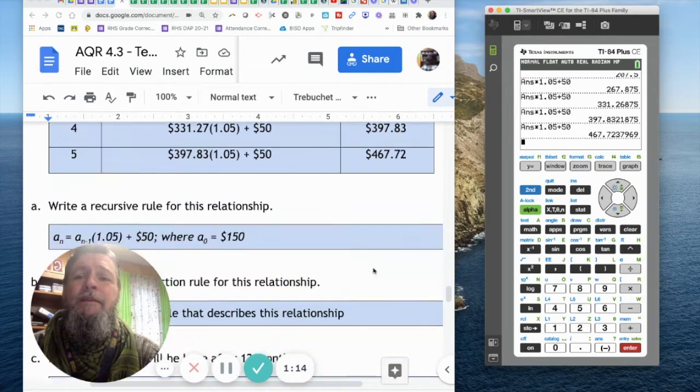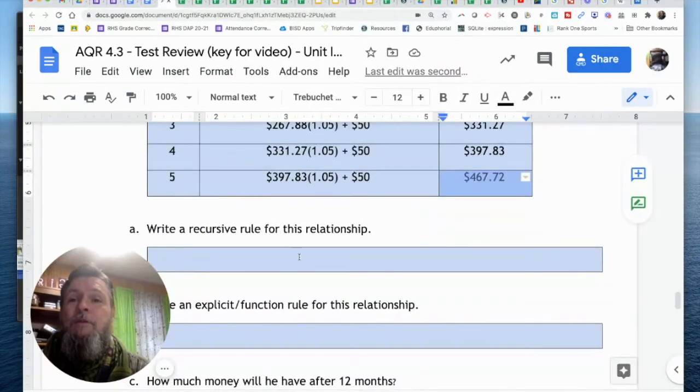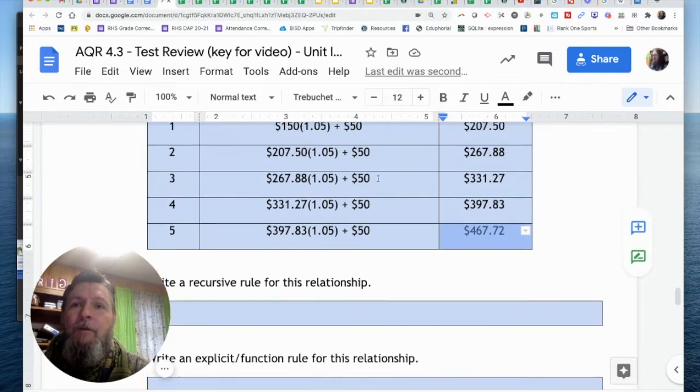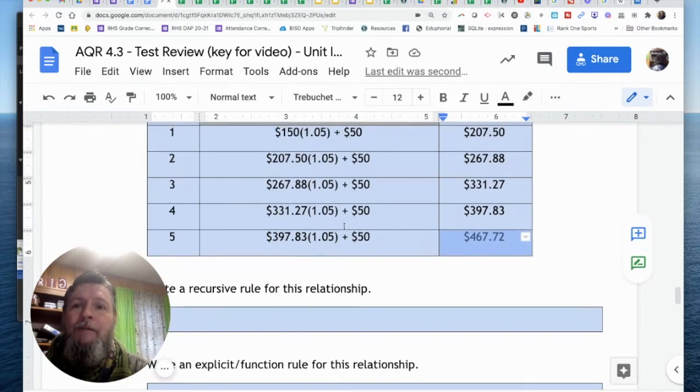All right, so they want us to write a recursive rule for this relationship. In recursion, remember, we're looking at what do we do to the last value to create the next value? We multiply by 1.05 and we add $50. So whatever the next value is, we'll call it A subscript n. We do something to the last value, A subscript n minus 1.